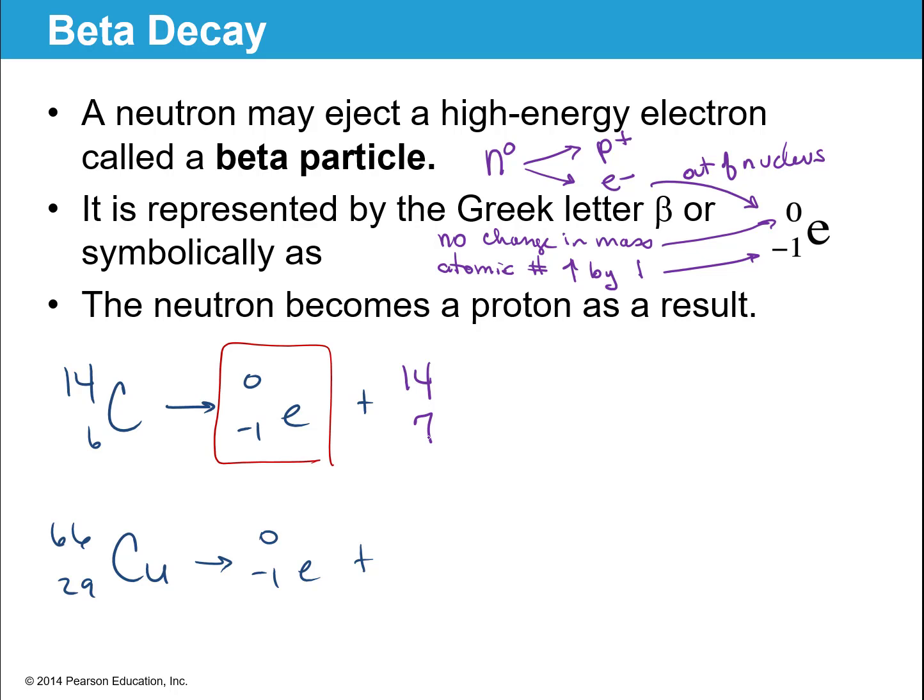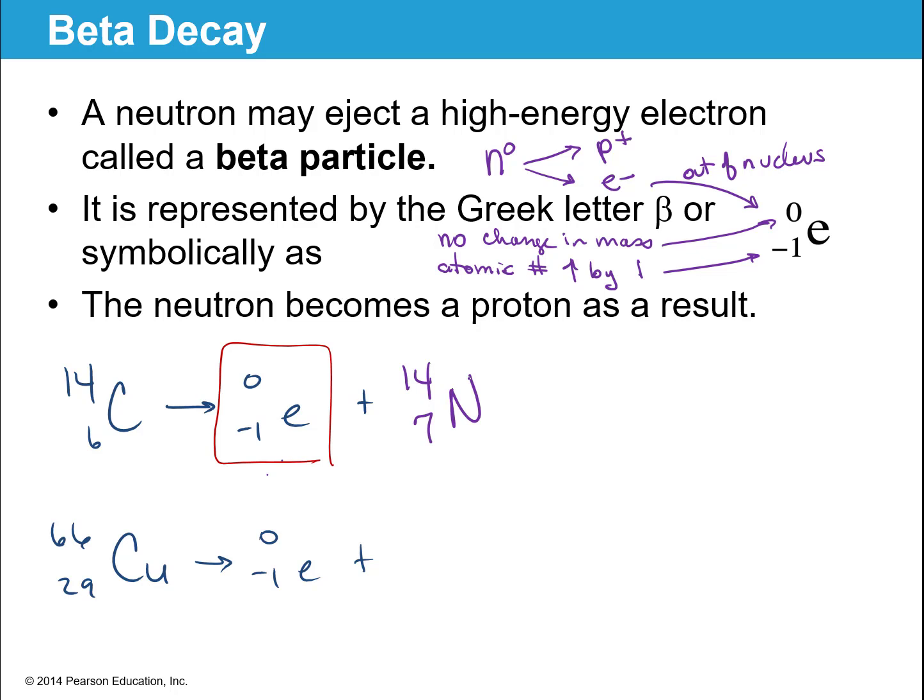Now what is it? What's the element? If it's atomic number 7, it is nitrogen. So do you see that? Look at the atomic mass of nitrogen. The atomic mass of nitrogen on the periodic table is 14.